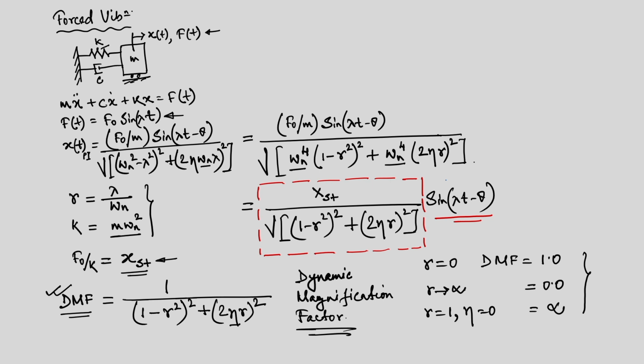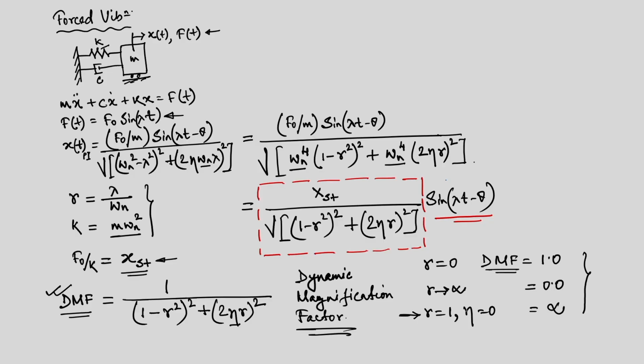Out of that, the last one is, I just wish to draw your attention that the moment we have a system where there is no damping, and if we drive that system with a harmonic excitation and by chance the driving frequency is exactly the natural frequency, then what will happen? Because the dynamic magnification factor is infinite, the response will be infinite.